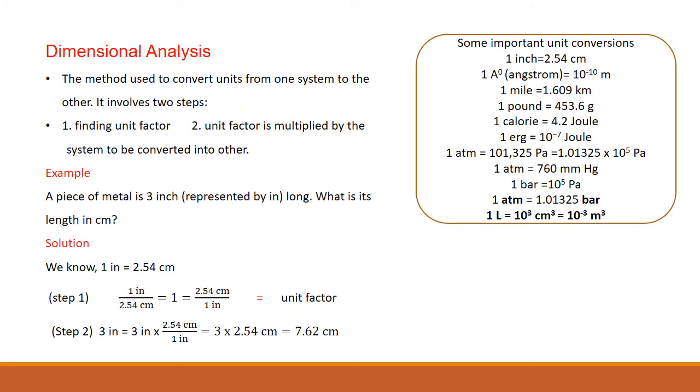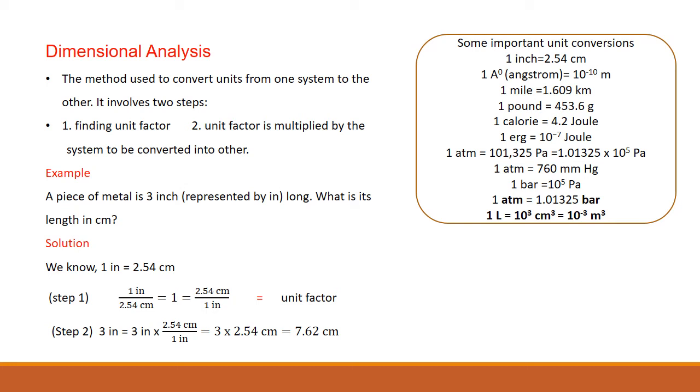Dimensional analysis. This is the method to convert the values in one unit into another unit, and for it we have 2 steps. One is finding the unit factor, and the second is that the unit factor is multiplied by the system to be converted into the other. So what is a unit factor?